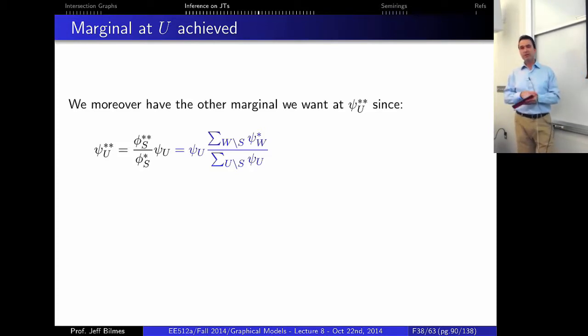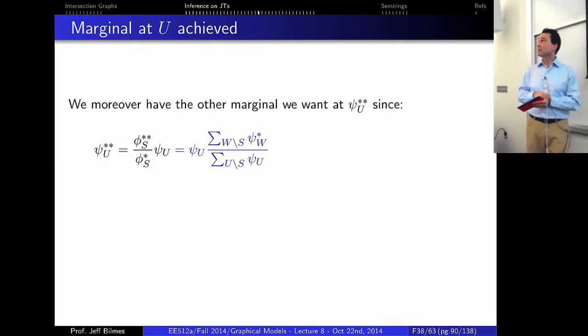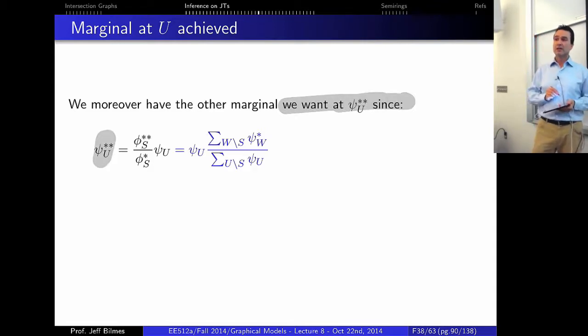Now, the greatest part of this whole business is that we've got the marginal that we've been after. The reason why we have this marginal is because when we look at the final expression at u, namely psi star star of u, here's its definition. Here's the common thing. Here's the numerator expression, which corresponds to this, and this corresponds to that.